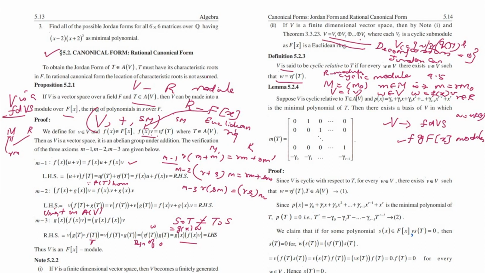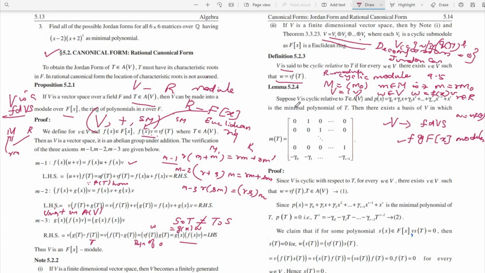So in that way we can remember that V is said to be cyclic relative to t whenever we have W being written as V f of t, if for every W there exists one V in V such that. So this definition will be used in the next lemma, which states that if V is cyclic relative to t in A of V and P of x is this polynomial, then M of t is given by this.